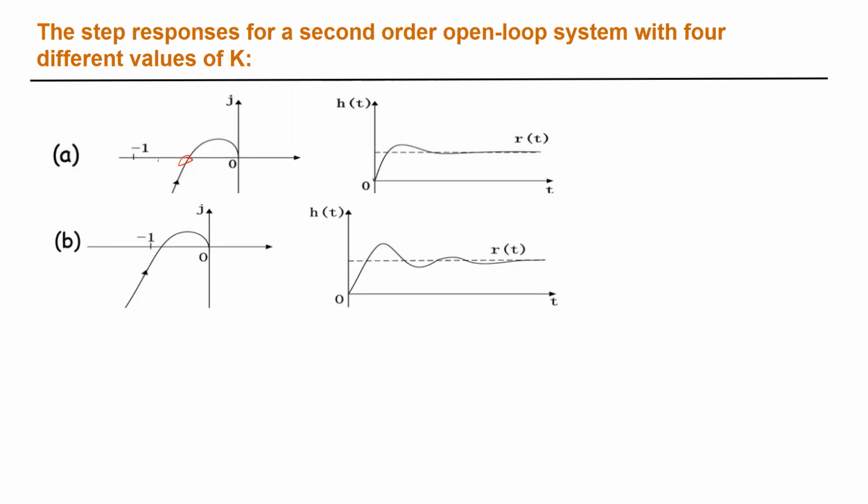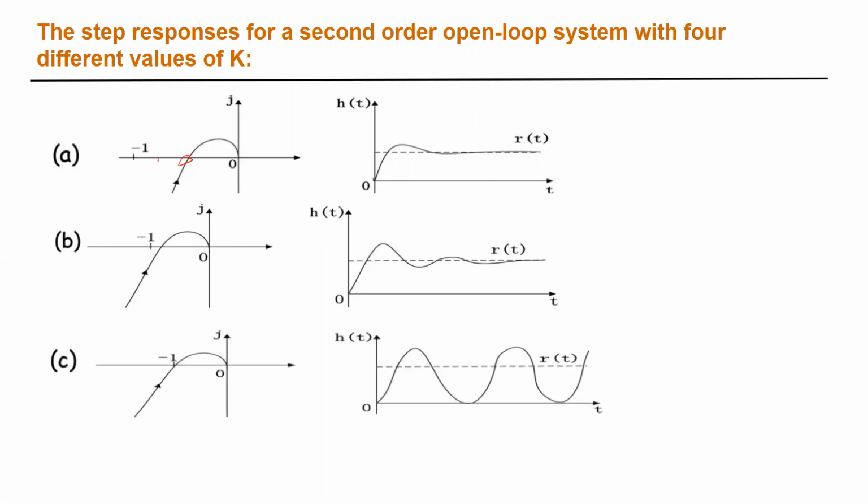How does the response look? If the Nyquist passes through the -1, we said the poles of the system are going to be on the J omega axis, and I'm going to have pure oscillation. In case C, the system will be marginally stable.